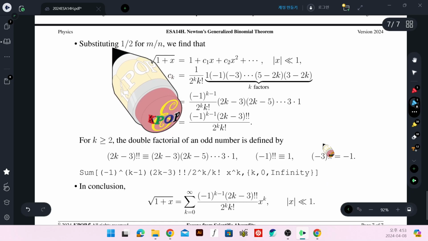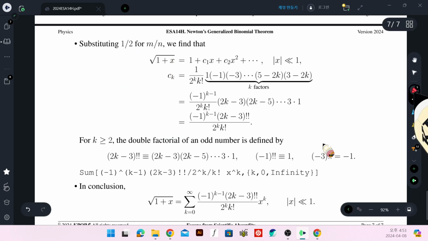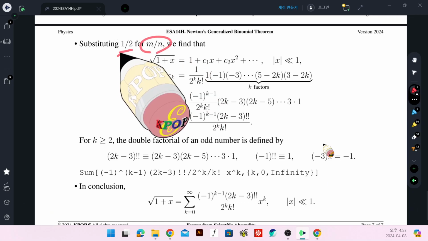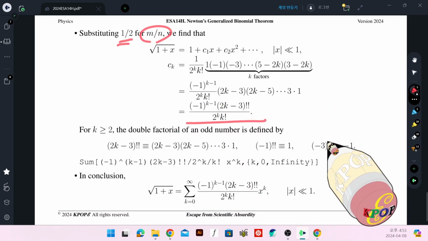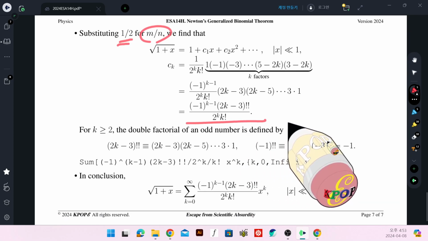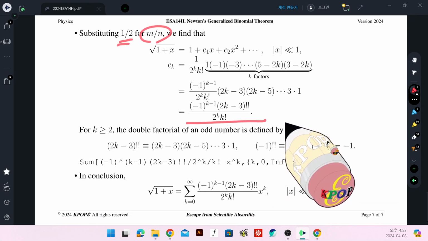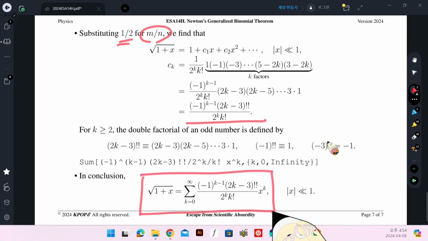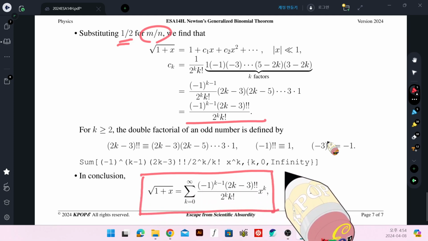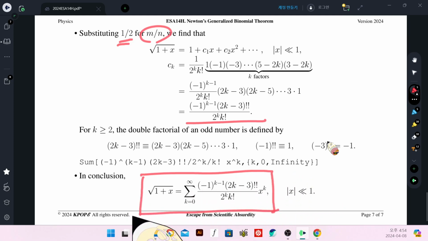Substituting 1/2 for that non-integral, fractional power, we can find the coefficient is like that. And if I substitute this one, the square root of 1 plus x can be expressed as a power series of x.